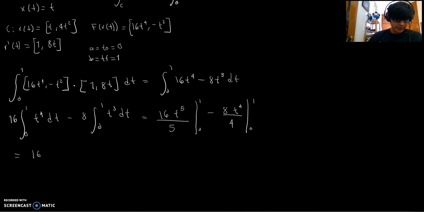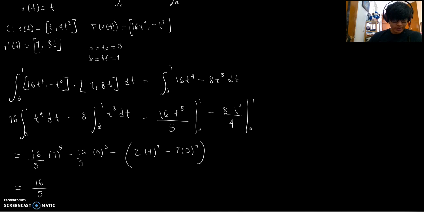Now we will have 16 times 1 over 5 minus 16 times 0 over 5, minus 8/4 which will be 2, times 1 to the 4th minus 0 to the 4th, and this will be equal hence to 16/5 minus 2, and we will have 16 minus 10 over 5 equals 6/5, and that will be the result of the given line integral.